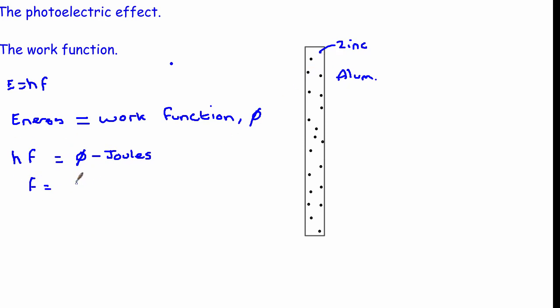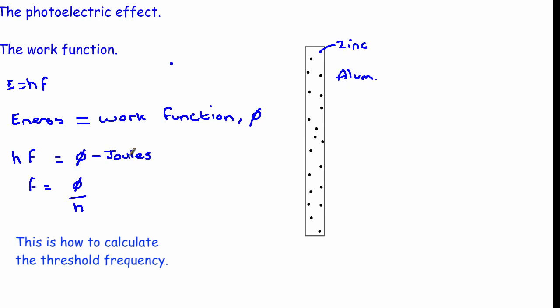So the frequency of light needed would be equal to the work function divided by h. Okay, so you would take the work function measured in joules, you divide it by Planck's constant, and that would give you the frequency of light, and the frequency of light, as we know, is measured in hertz. So you can link the work function of a metal with the frequency of light.